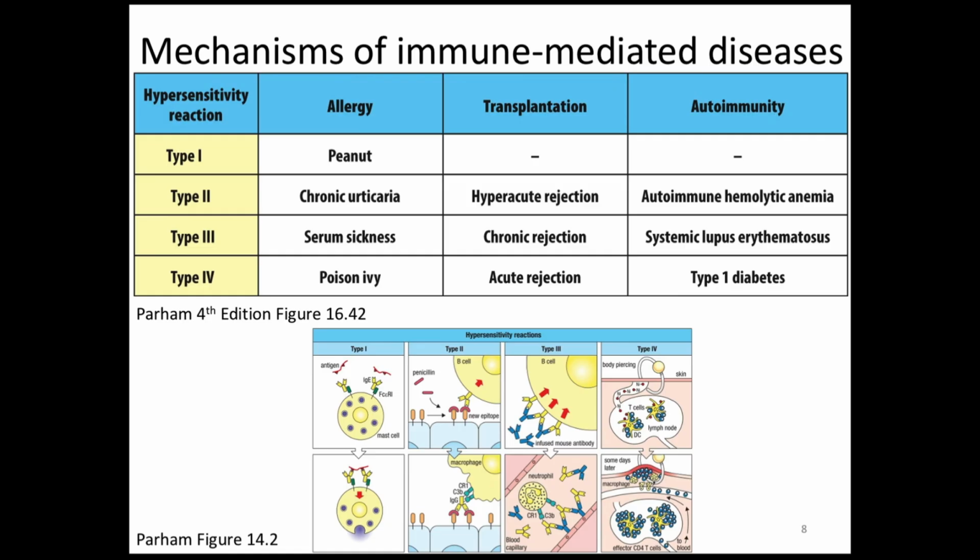And so we can basically classify these diseases into these 4 different mechanisms called type 1, type 2, type 3, and type 4. You can see that there are autoimmune diseases that are examples of type 2, type 3, and type 4 responses. You can also see that when we get to transplantation, the mechanisms we're going to see are similar to type 2, type 3, and type 4 responses.